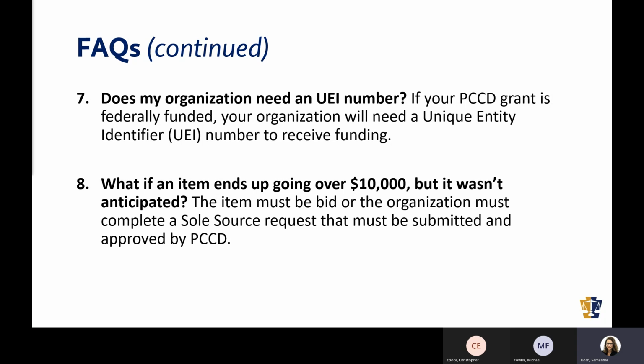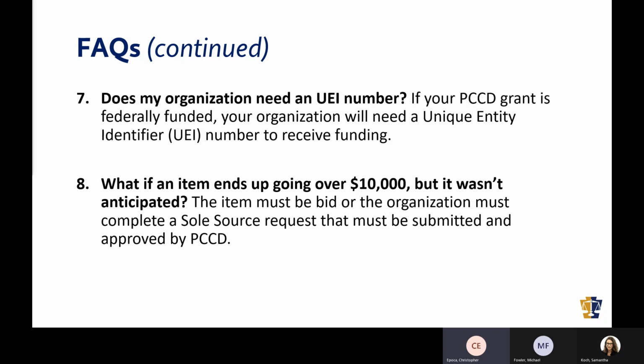JK. What if an item ends up going over $10,000, but it wasn't anticipated? Is this cause for panic? What should an organization do? Well, if an item is over $10,000, I do want to stress that you don't necessarily need a formal sealed bid unless it's over the $250,000 mark.